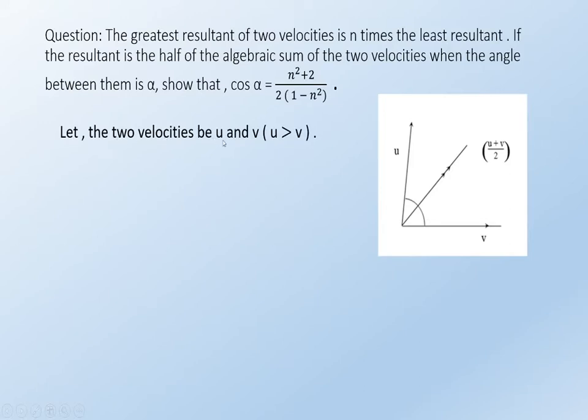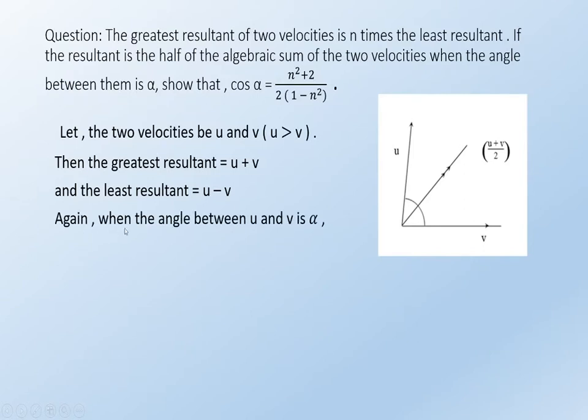Let the two velocities be u and v, where u is greater than v. Then the greatest resultant is u plus v and the least resultant is u minus v. Again, when the angle between u and v is alpha, the resultant equals root over u square plus v square plus 2uv cos alpha.